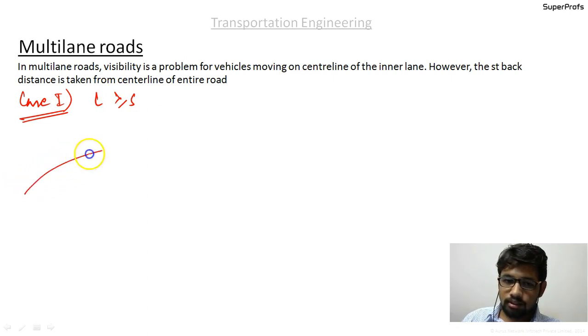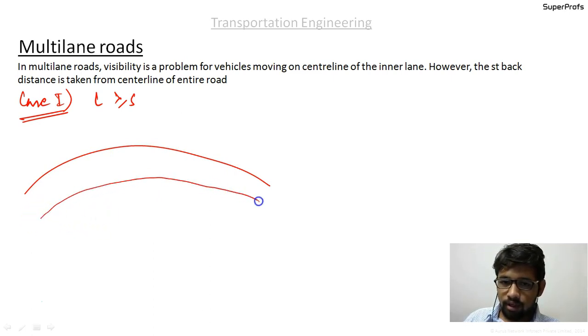Say this is the curve, and this is the center line of the entire road, and this is the center line of the inner lane. So here is the curve like this. This much is distance d.